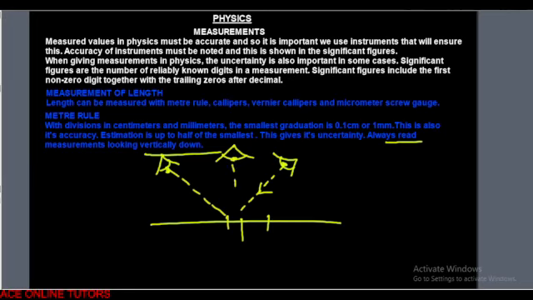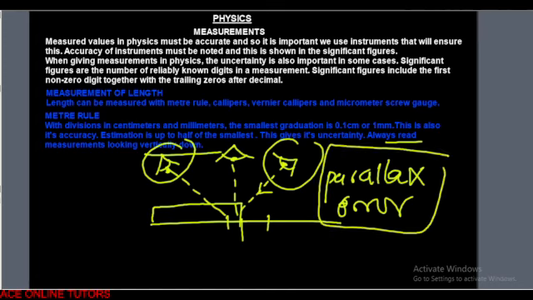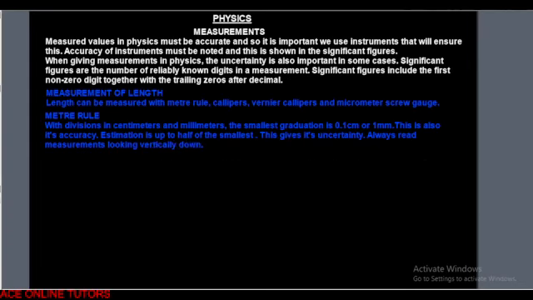So you look at it this way, then you take the value. You take that value from the top, because that's when you can be sure that you are taking the actual value. Now, if you take your value from the side, you are going to have an error, and that error we call parallax error. So the error due to your own position, your movement, that's what we call what? The parallax error. So that's what we have for meter rule.